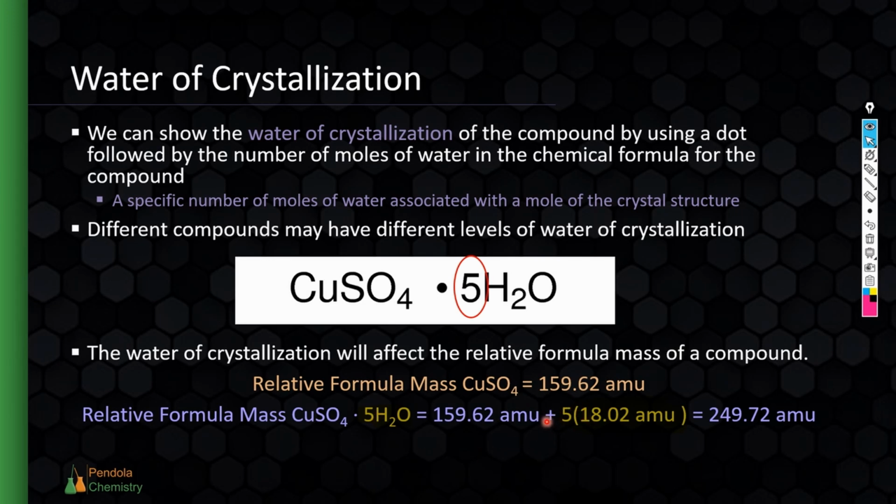So to that 159.62, we add 5 times 18.02, the relative molecular mass of water, to get 249.72. Again, when we do the relative formula mass of a hydrated ionic compound, we need to include the mass of that water. That's very important because it will end up messing up calculations in the future if you don't account for those water molecules.